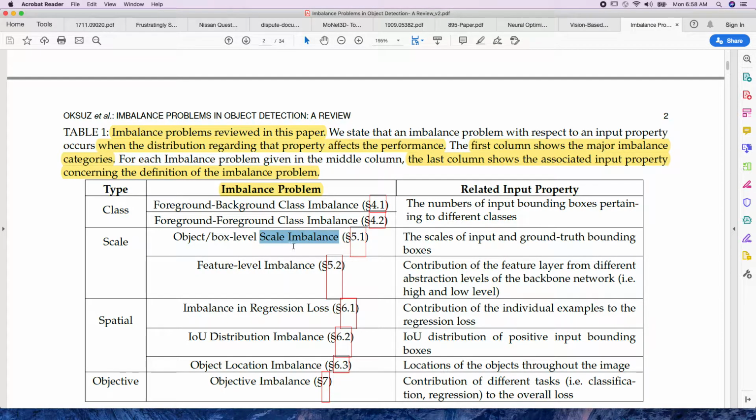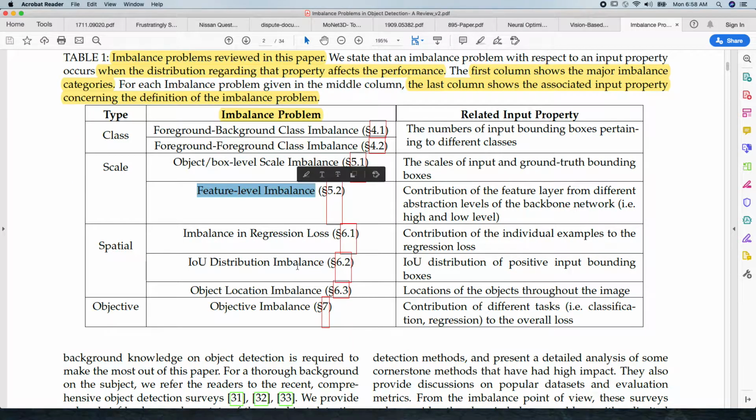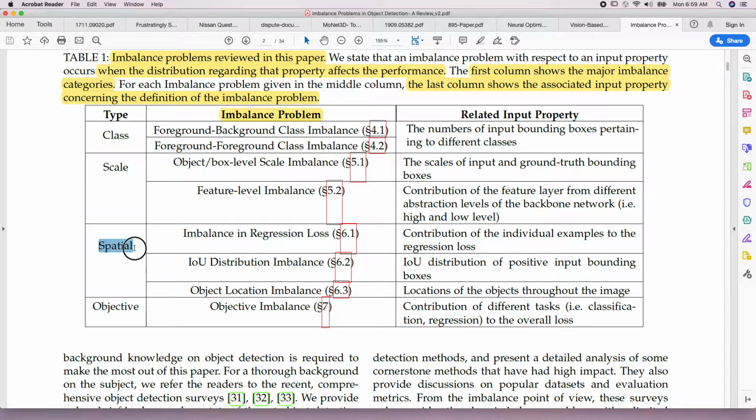That will affect the learning process of the object detector. Then you also have a similar thing in feature level imbalance. I have not worked on this so much. I've not worked on imbalance in spatial so much.